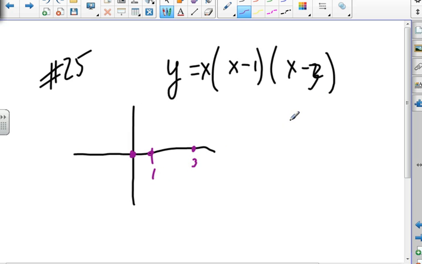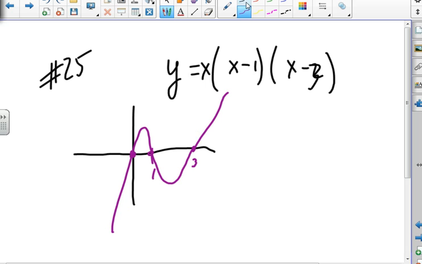Between 0 and 1 it's going to be positive, between 1 and 3 it's going to be negative, and then above 3 it's going to just keep going high, and below 0 it's just going to keep going low.